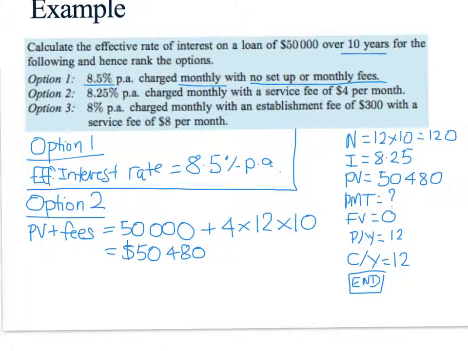So then we're finding our PMT, which is F4. And we get, so our payments per month is $619.15.